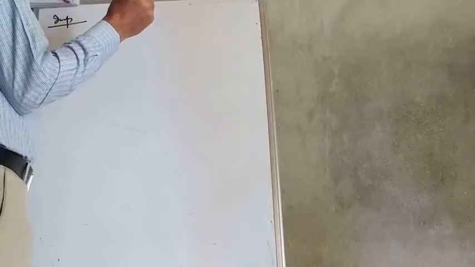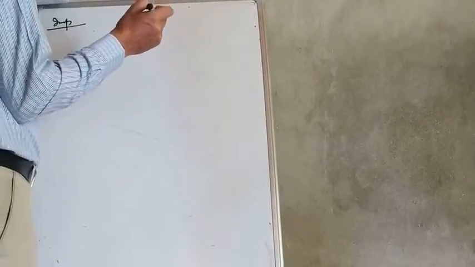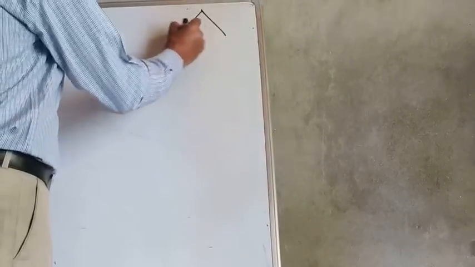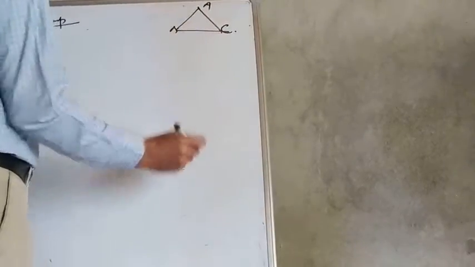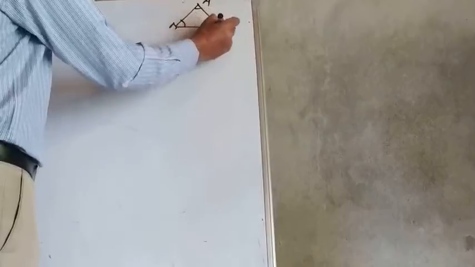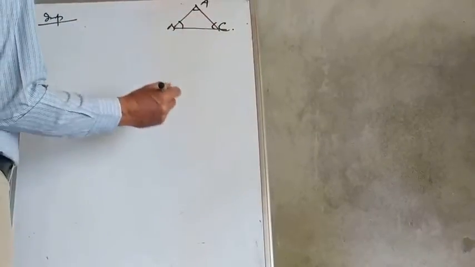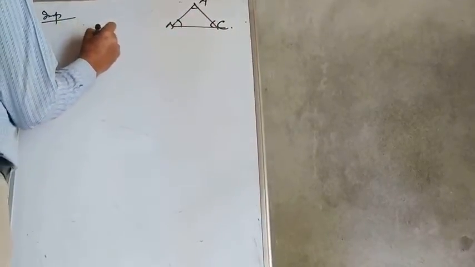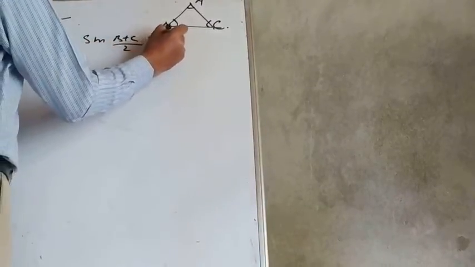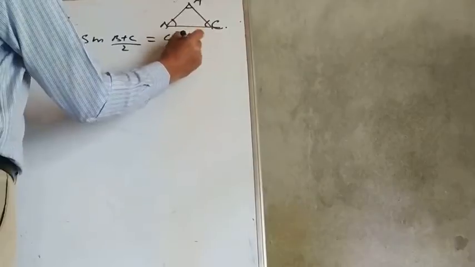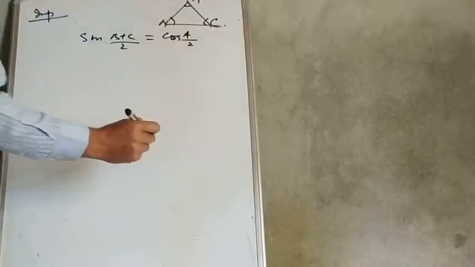A, B, C are the interior angles of a triangle. ABC are the angles of this triangle. This angle A, this angle B, this angle C. And you have to prove that sine of B plus C divided by 2 is equal to cos of A divided by 2.